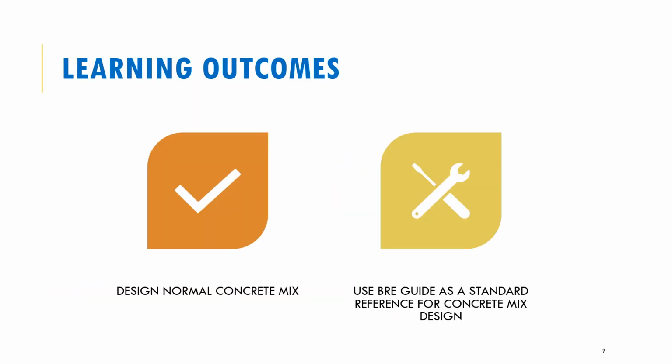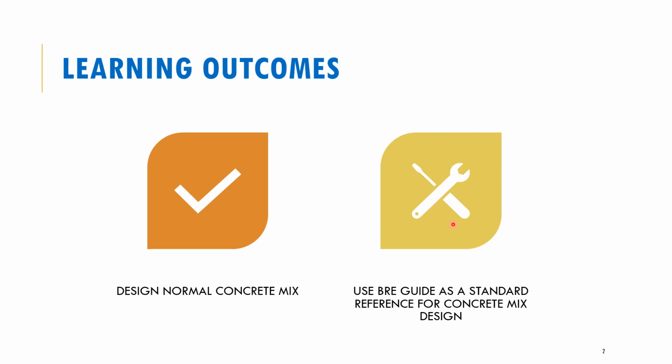Now, the learning outcomes for today, we have two main learning outcomes. The first learning outcome is to make sure that you guys are able to design normal concrete mix. And the second learning outcome is to ensure that you can use the BRE guideline. Basically, BRE is the British Research Establishment guideline, and this is used as a standard reference for concrete mix design.